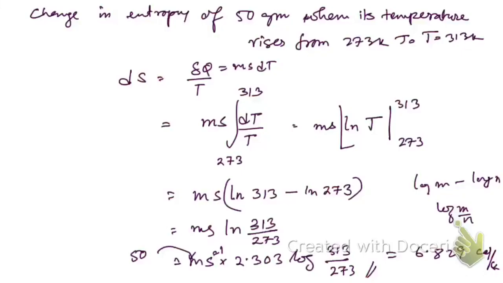Now let's find the change in entropy when the temperature of the liquid drops from 353 to the temperature T, which is 313, right? Let me take a new slide.